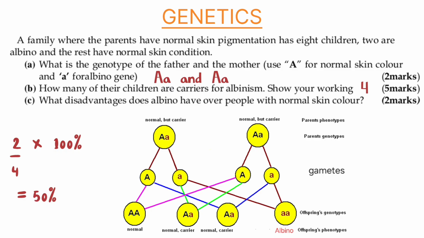Not only does it give us our color, but it's also very important in protecting our skin and our eyes from the harmful ultraviolet rays of the sun. So here are a few disadvantages. Number 1, there's an increased risk of skin cancer. As stated, melanin protects our skin from harmful UV rays. If you don't have enough melanin, you end up having a higher risk of developing skin cancers.